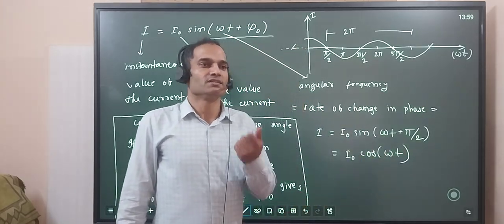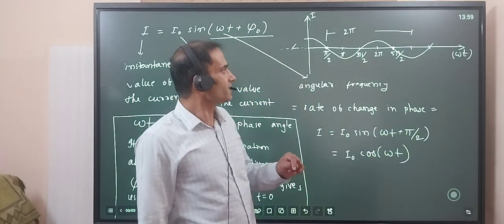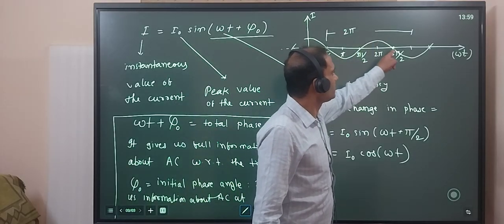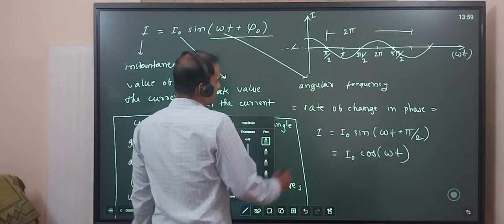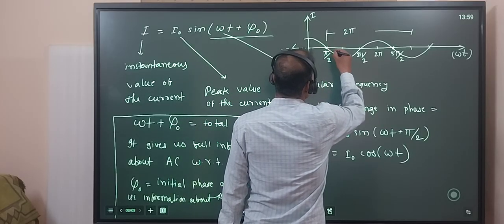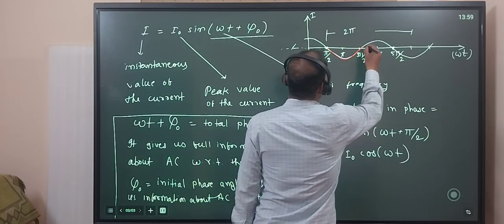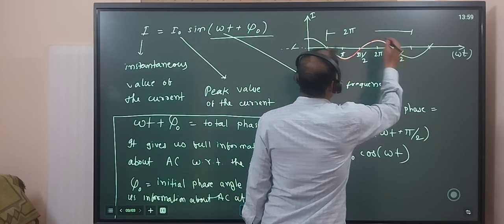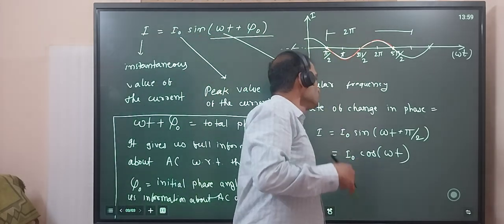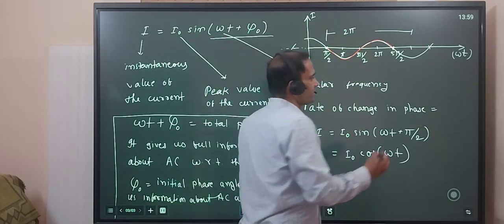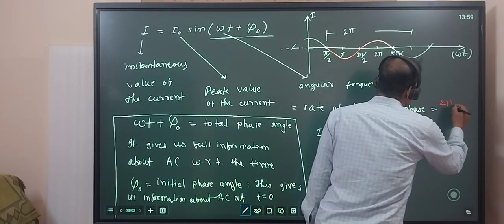We also know that one cycle is completed from here to here. I will draw it in red. From here to here you can see that one cycle is completed, so the phase angle has changed by 2 pi.